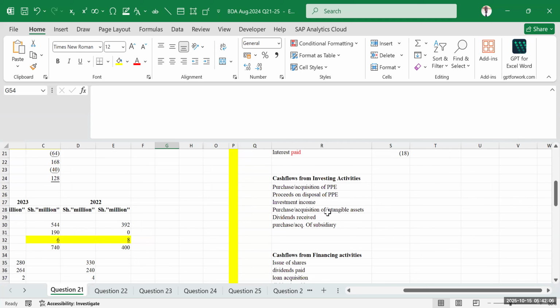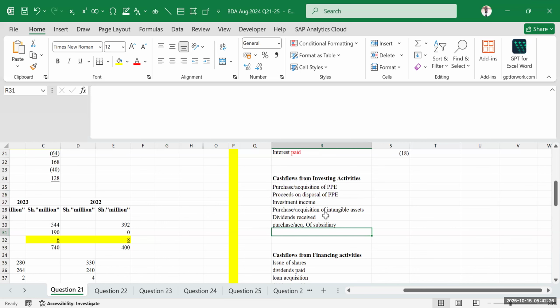When we talk about recognized assets, we mostly talk about the PPE elements or the fixed assets. Movement in fixed assets will always affect investing activities. That's why you see the elements we recognized here were purchase of PPE, proceeds on disposal, and elements like that.